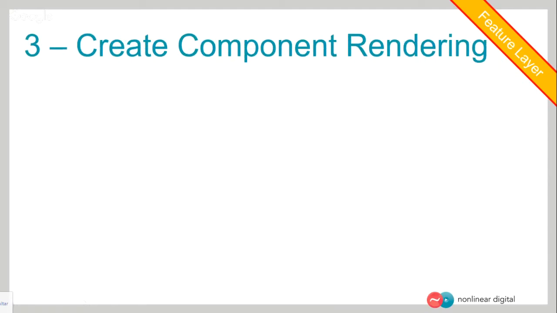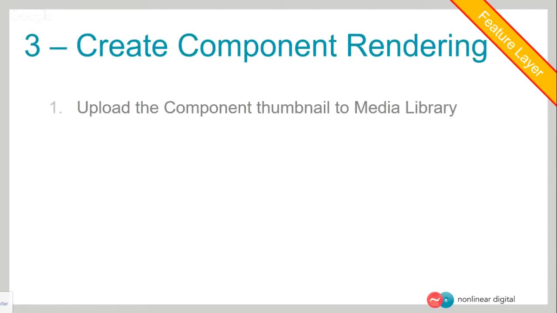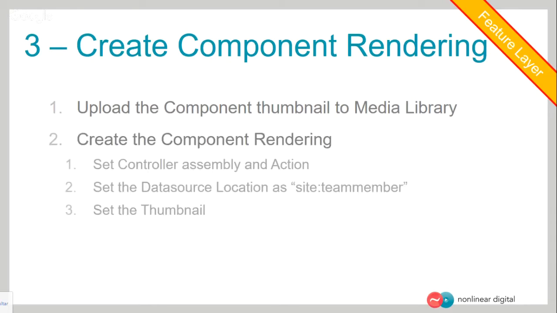We are going to create the component rendering, the rendering itself. We are going to upload the component thumbnail to the media library, create that in the controller assembly and the action, setting the data source location as site team member. And this is funny because usually we set up the data source location at the component itself, but we are doing this differently here.